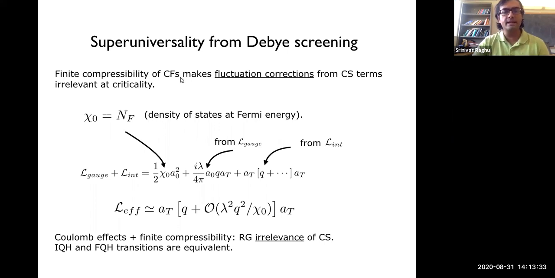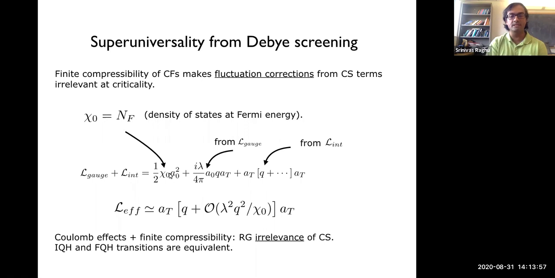And what this will mean for us is that the fluctuational corrections from Chern-Simons terms will be irrelevant. The reason for that is we have our L gauge and L int here. So after we look at quantum corrections, the fact that there's a finite density of states enters as a sort of mass term for the temporal component of the dynamical gauge field.